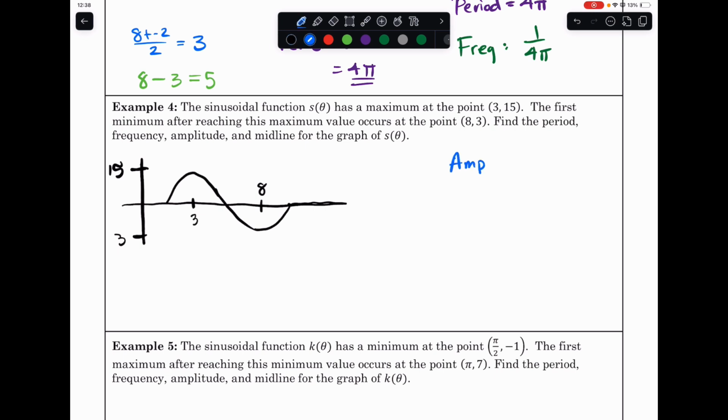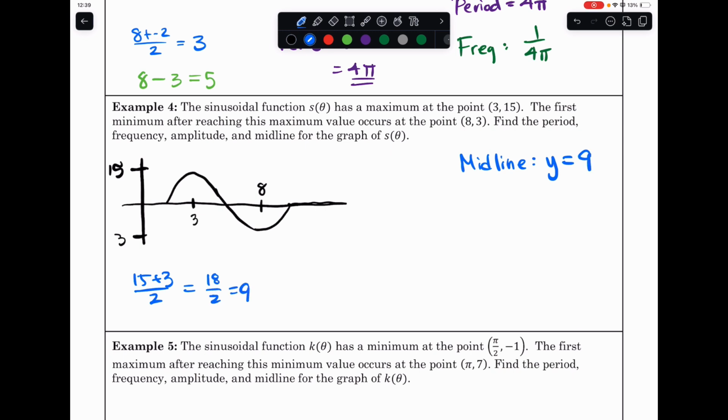So to figure out our midline, I'm going to start first with the midline. I'm simply going to figure out the middle between the max and the min. So 15 plus 3 is 18, divided by 2, which equals 9.